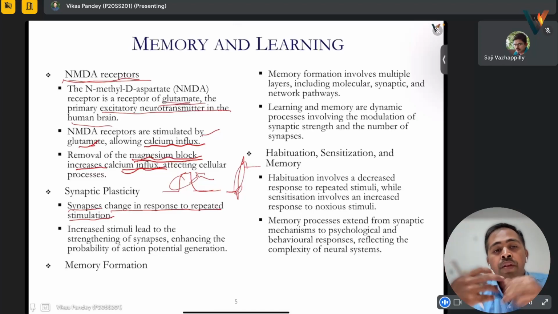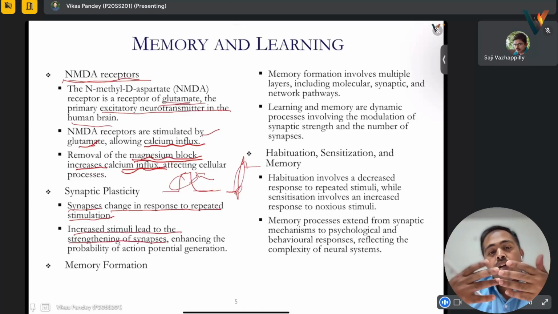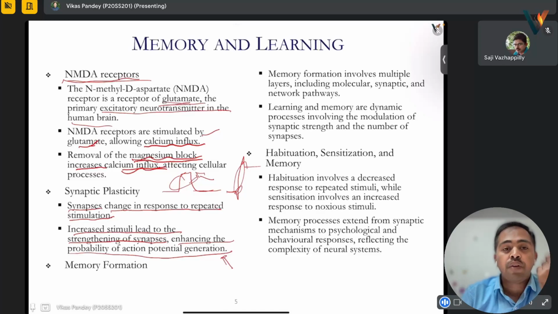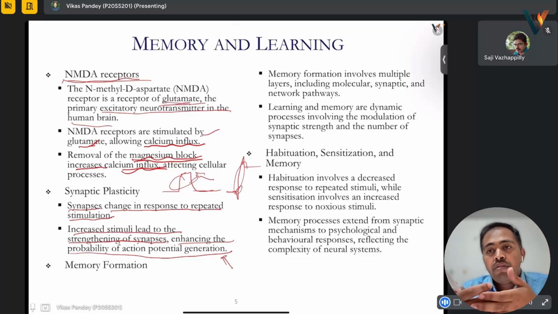We can say, okay, increased stimuli lead to strengthening of synapses. So the connection will become strong if there is a higher number of these stimuli, enhancing the probability of action potential generation. That is why it is said that if we are learning something repeatedly, that will make the synapses strong.